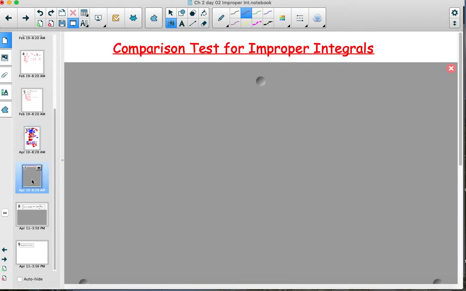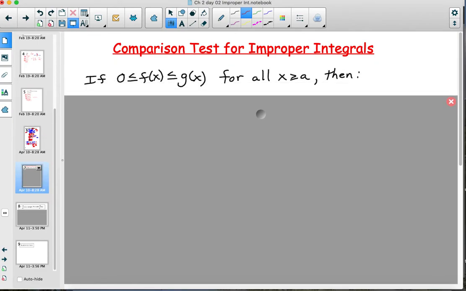One of the things we may run into a problem with is if you have trouble anti-differentiating when you're trying to solve an improper integral. It might be useful to compare the function you're trying to find the antiderivative of with another function that you already know converges or diverges. Let's say we have a function f, and it's always less than or equal to g of x, and both of these functions are non-negative, greater than or equal to 0, for all x greater than or equal to a, because a is where we're starting our integral.